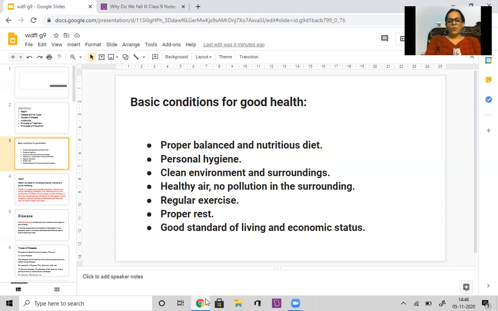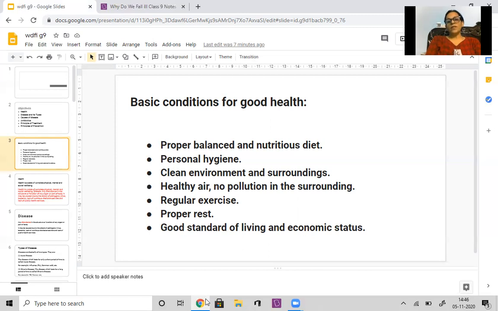You wait for the time to play, and most of the boys are fond of cricket and games, so they go and feel healthy and happy also. This health is connected with our happiness also, right? So in this chapter we will study the conditions for good health.